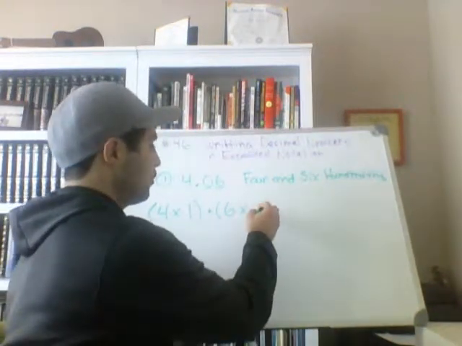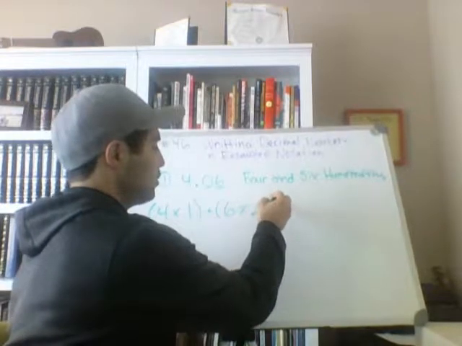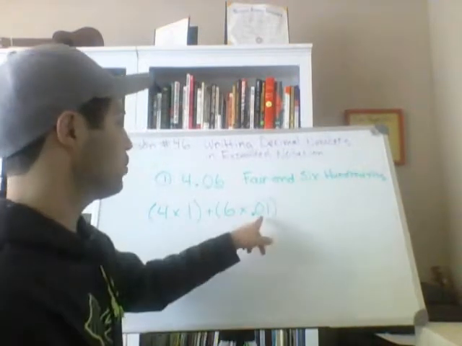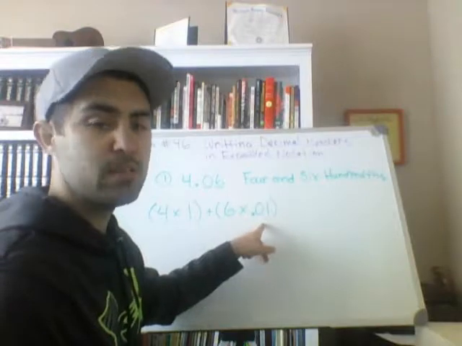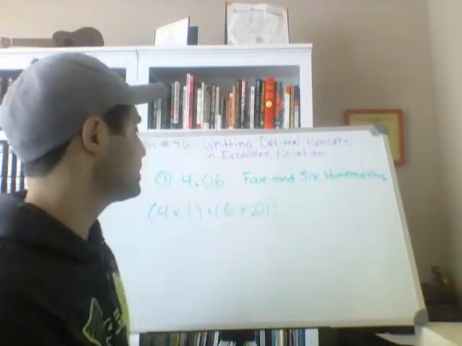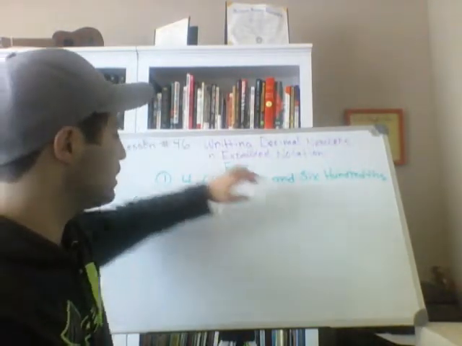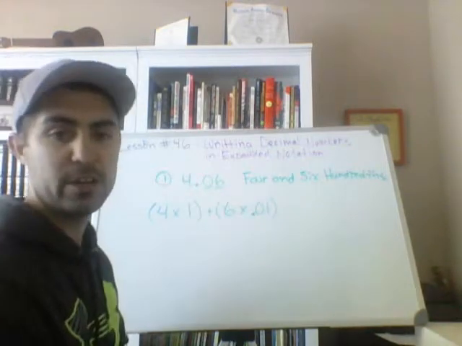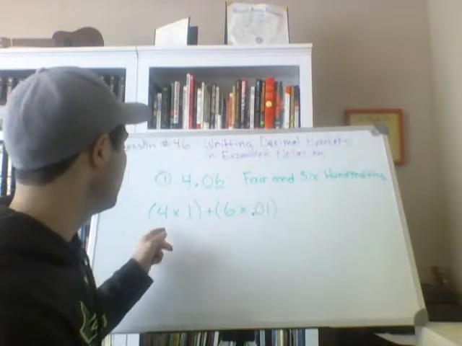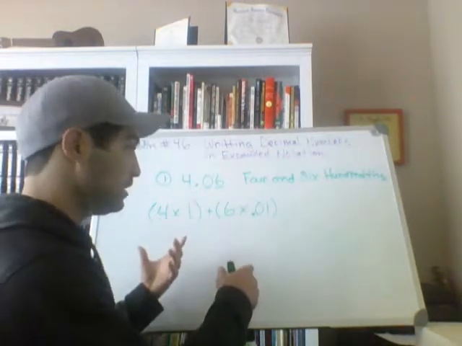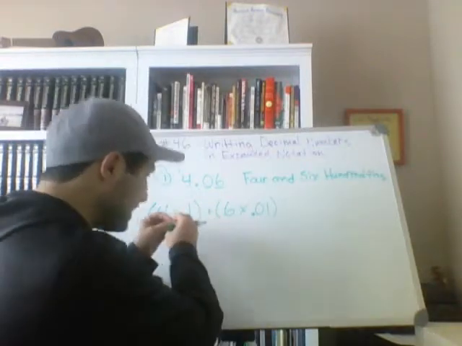So you're going to multiply this by 0.01. The 0.01 describes the place value of the 6. Alright, so this is expanded notation of 4 and 6 hundredths. It's called expanded notation for a reason because it's been expanded.